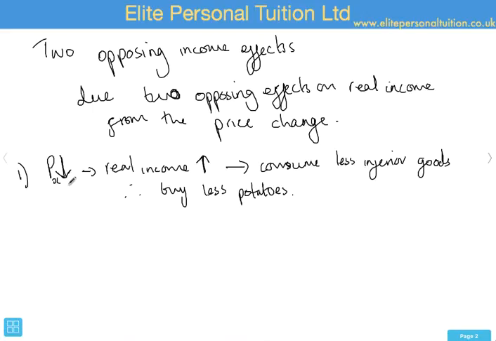And because it's a Giffen good, that income effect is going to be really big.